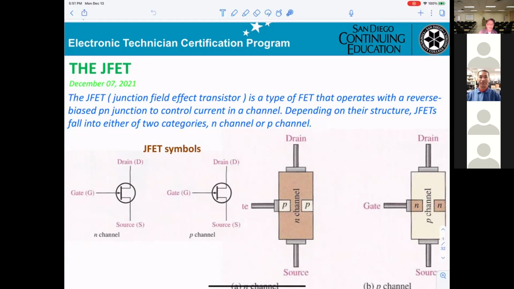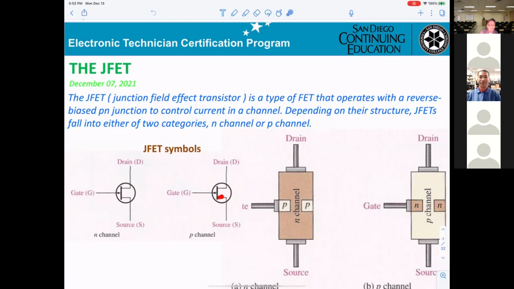Now if you are looking at the picture, you have to recognize right away this one is an N channel JFET. The JFET has the gate, the drain, and the source. And this one will be a P channel.